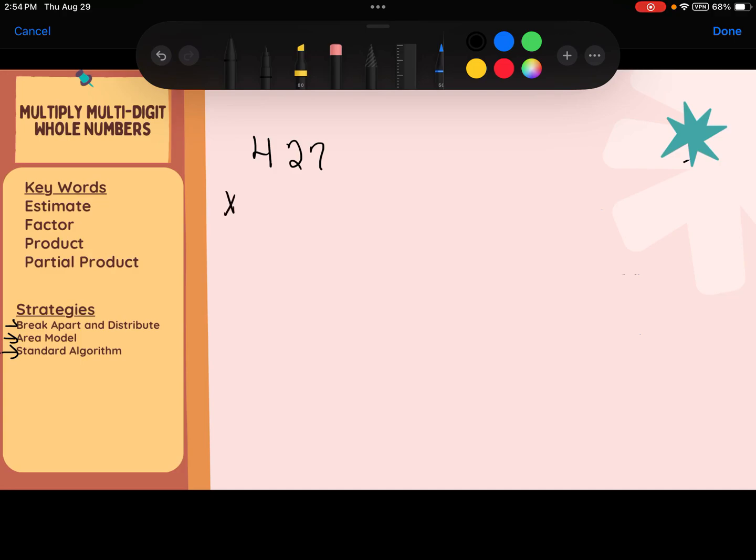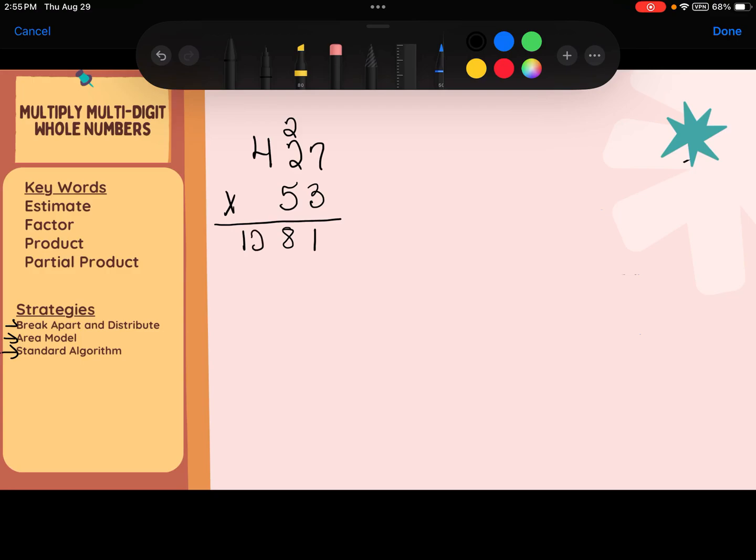The two biggest mistakes that students make is they will forget to add a 0 right here in the ones place because it is, in fact, 5 tens and not 5 ones. I tell my students to go ahead and cross off this number 2 so that they don't get confused later on.